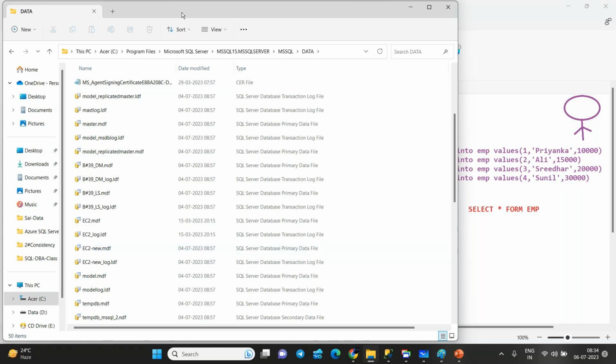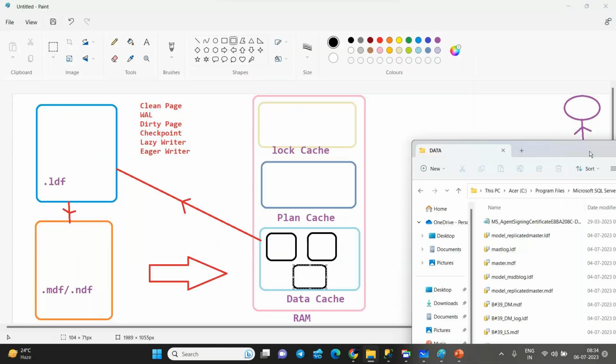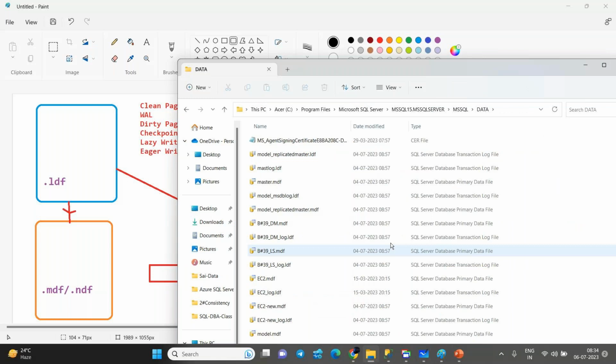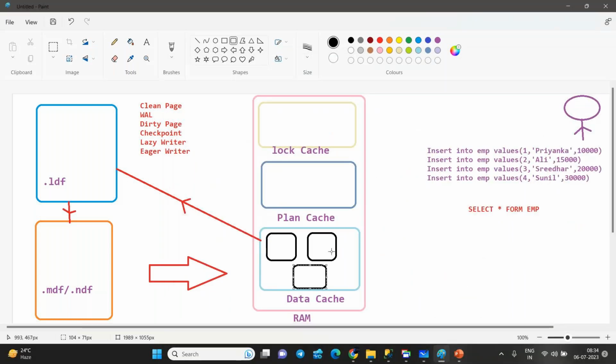So what will happen? It will connect to the disk, to the MDF file, and it will get the pages. It will place one copy in the data cache.